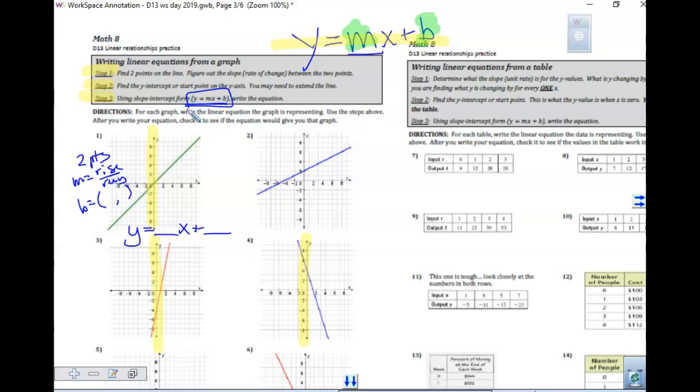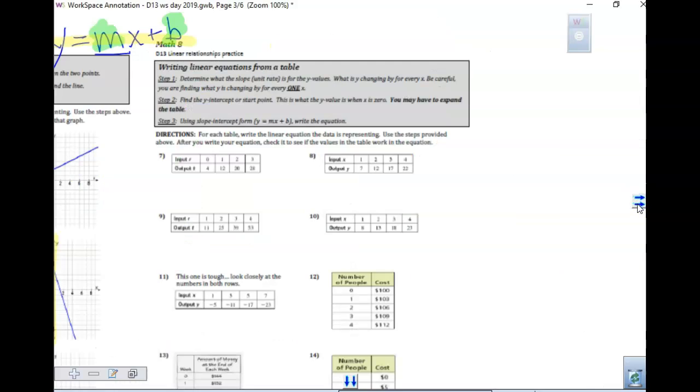If we take a look over at the next page, look at the top of the next page with the tables. If you would please read as we're looking at that one, Alexander. Read step 1, 2, 3. Step 1. Determine the slope, the rate, for the y values. What is y changing by for every x?